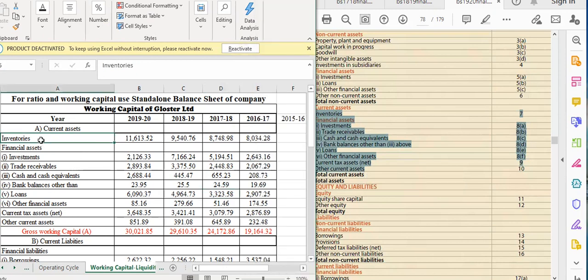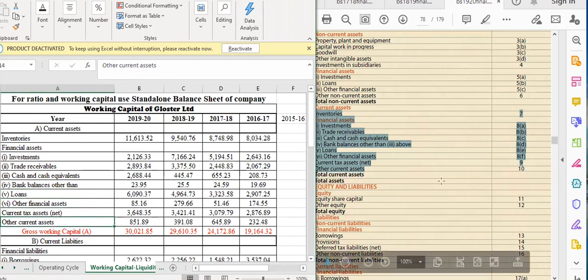You can see I have done the same: the inventories, then financial assets, investment, trade receivable, cash and cash equivalent, bank and others, then loans, other financial assets, current assets, other current assets, and then the total current assets.